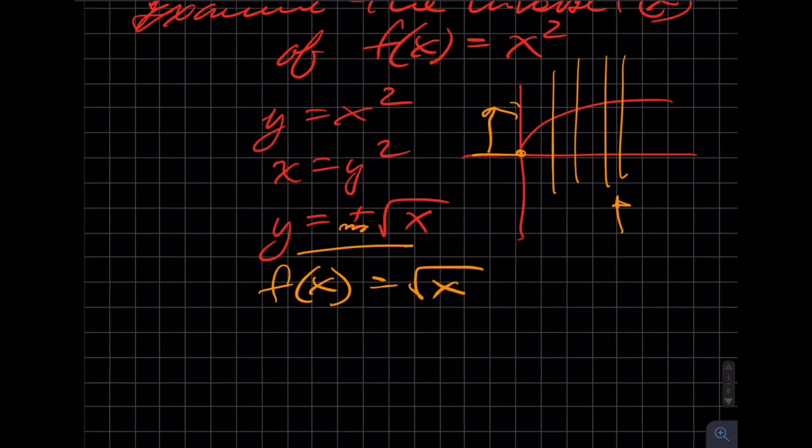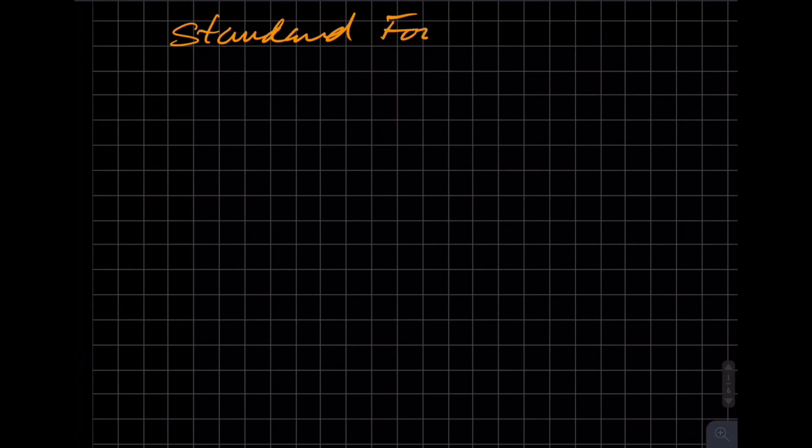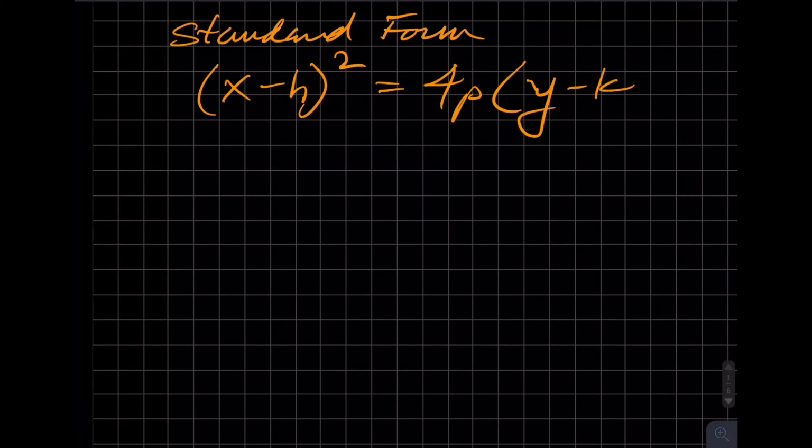And so what we can do is talk about what is referred to as the standard form of a parabola, standard form for the equation of a parabola. And that would typically be this, equals 4p(y minus k), and that's not squared.